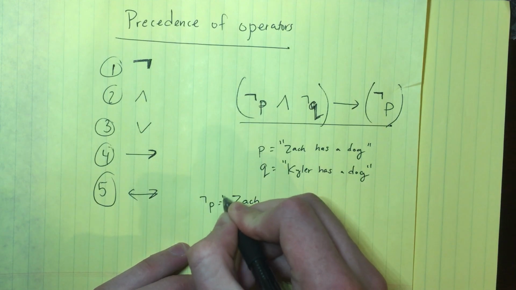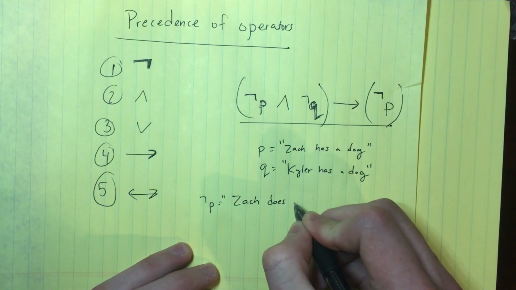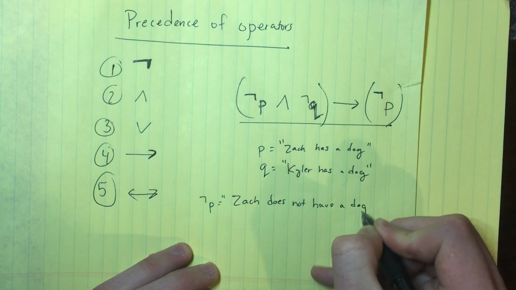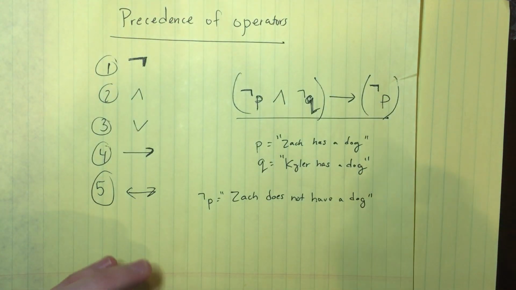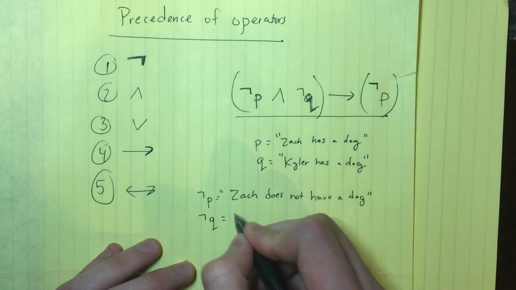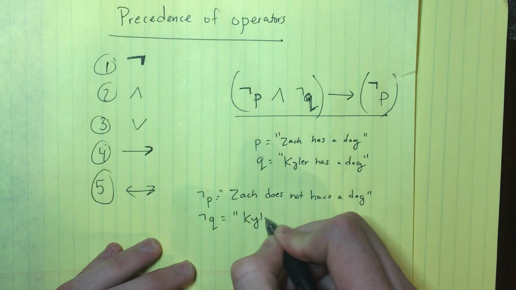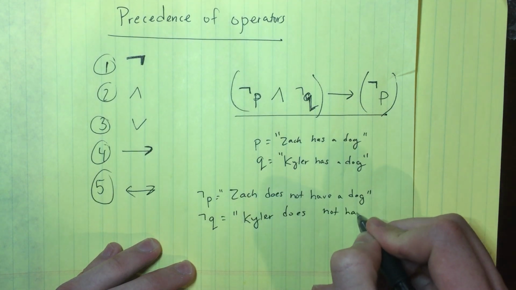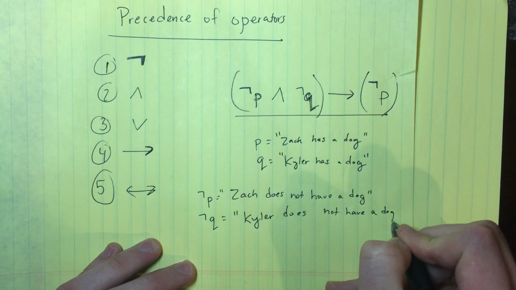Not P is equal to Zach does not have a dog, or you can say it is not the case that Zach has a dog, and not Q is equal to Kyler does not have a dog.